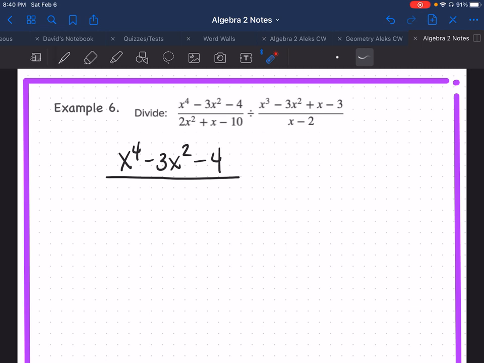So I think I know how to factor that. I definitely know how to factor the denominator of the first rational expression. But I'm just looking for, is there a GCF? Since the B term is 1, no, I cannot factor out a 2.